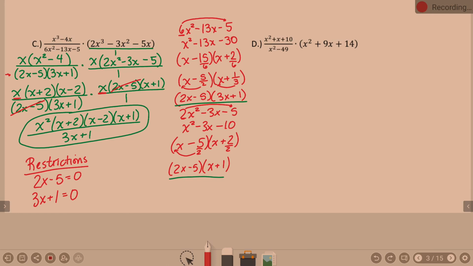So, add 5, divide by 2, and I'm going to list that as 5 halves. Subtract 1, divide by 3. I'm going to list that as negative 1/3. So x cannot equal 5 halves or negative 1/3.